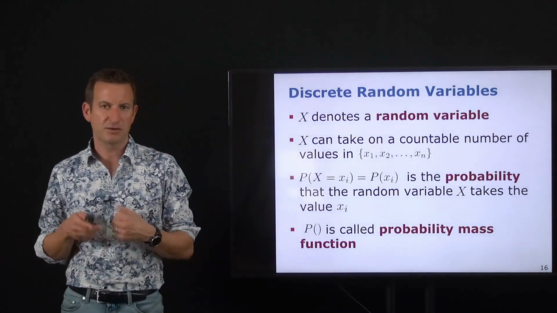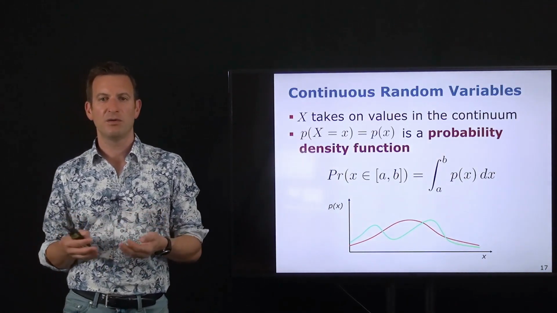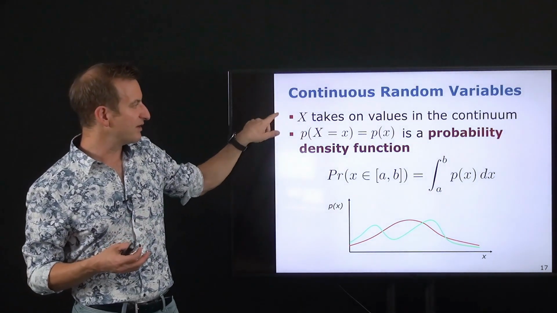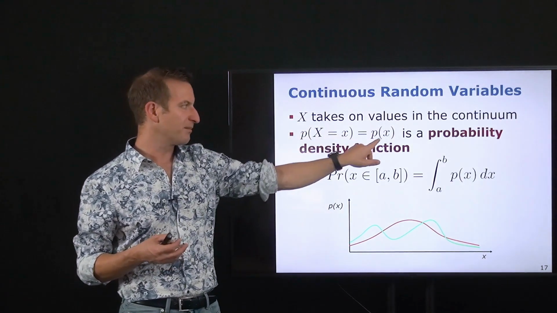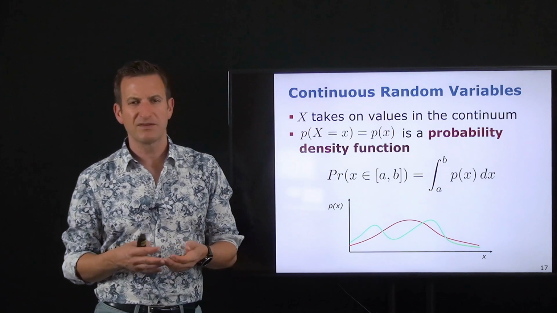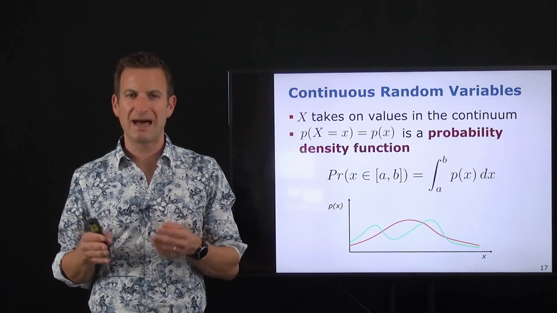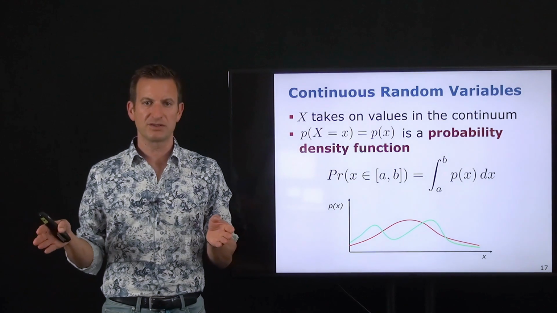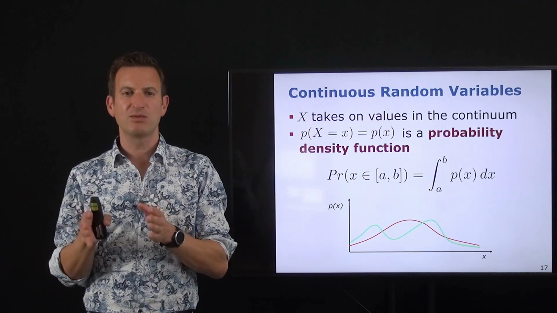This is different if we have a continuous variable, a variable which can take continuous values. Then we can still write in a similar way: P of X equals x, or in short form P of x, is a so-called probability density function. The probability density function is not really a mass function, and it can take values which are larger than 1. The important thing is that we need to integrate over this function in order to get the probability that the variable lies within an interval.